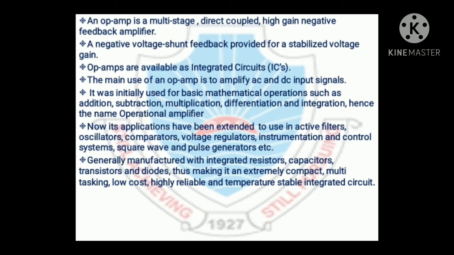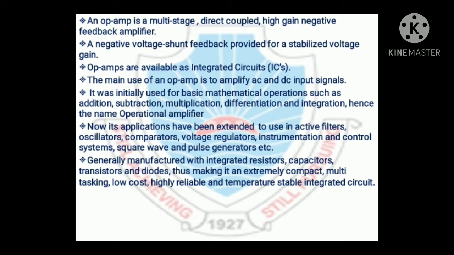Now its application have been extended to use in active filters, oscillators, comparators, voltage regulators, instrumentation and control systems, square wave and pulse wave generators.